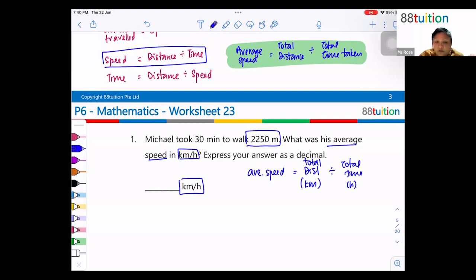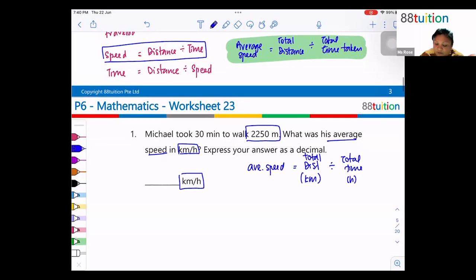To find the average speed, we know that the total distance is 2,250. I need to convert 2,250 meters into kilometers. Yes, correct, Hannah is right. So what do I do? Anyone? You can just unmute and answer my question.